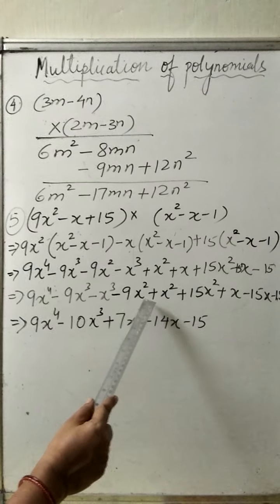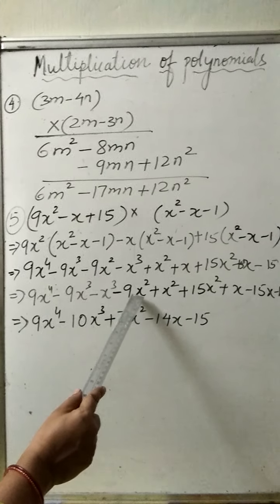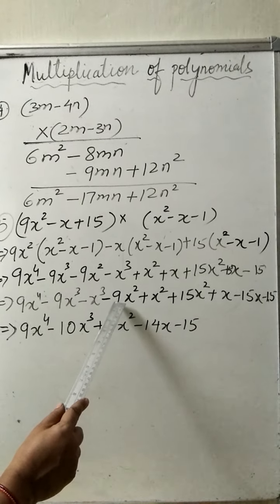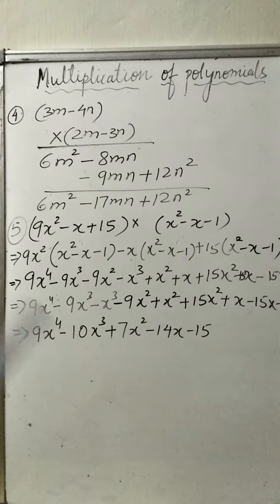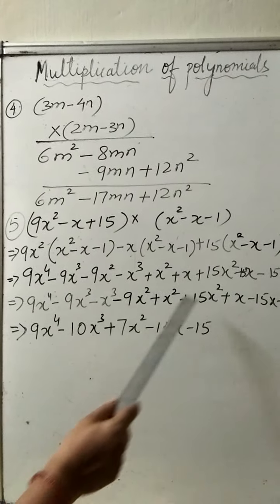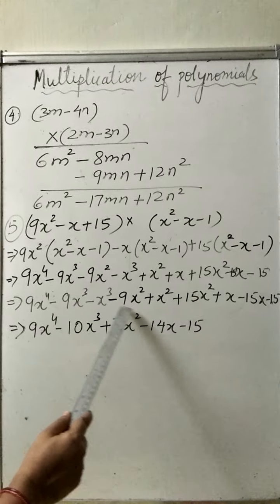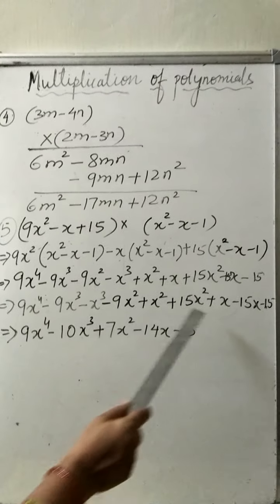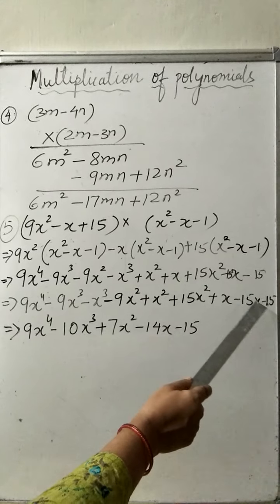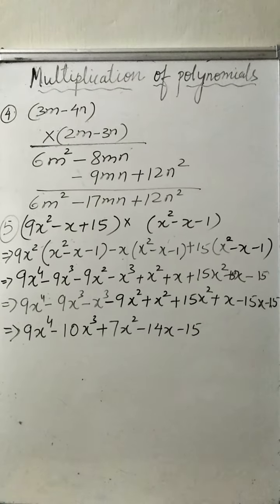So you can solve these two first. You will get minus 8x square, and then 15x square. One more like term is there. So it will give plus 7x square, because 15 is carrying plus sign. So after solving these three, you will get plus 7x square. And then minus x minus 15x, that is minus 14x and minus 15.